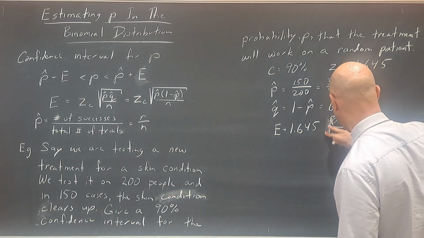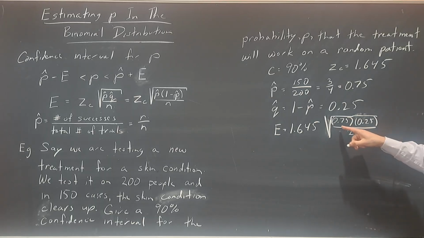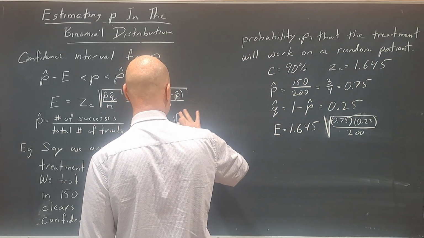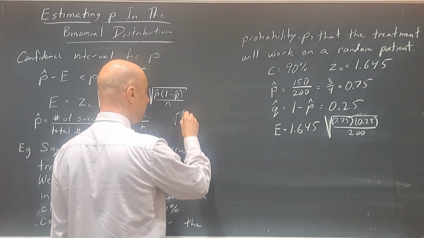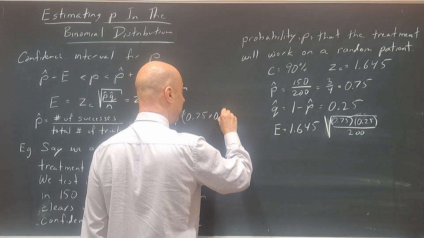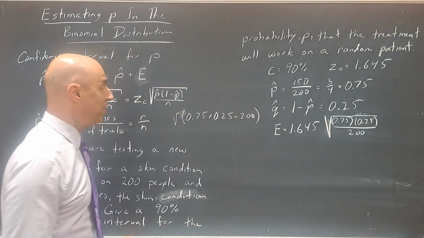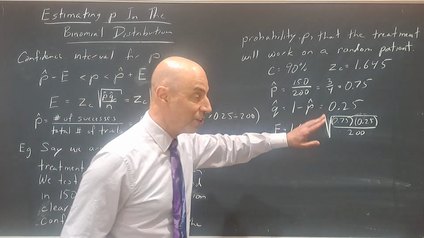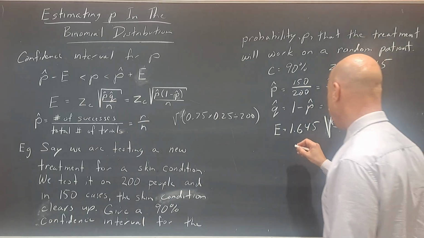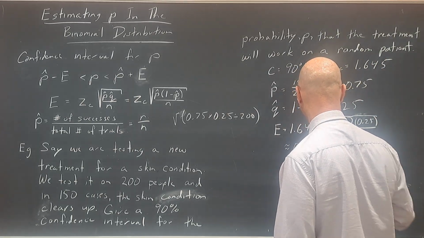Maybe I should be a little bit more explicit about how far down that square root goes. When you're typing it in your calculator, you put the square root symbol in, and then that'll open up some parentheses. You put in 0.75 times 0.25 divided by 200, and don't close the parentheses until after you put the denominator in, because it all goes underneath the square root symbol. And that approximately equals 0.050.